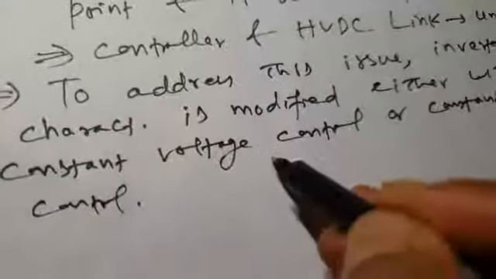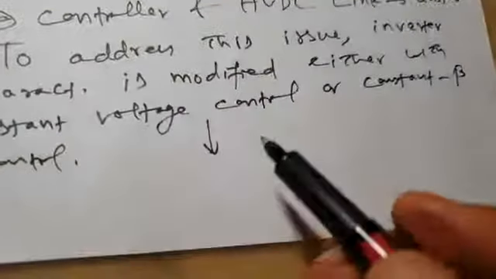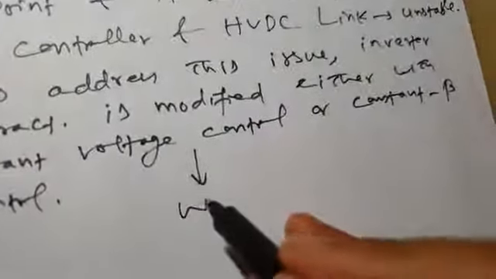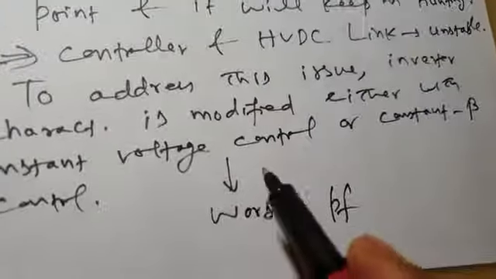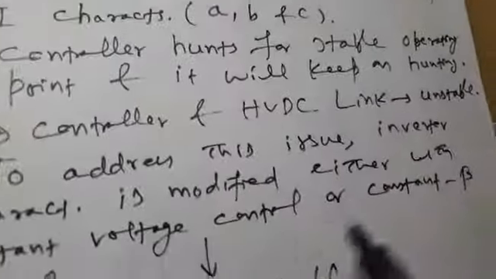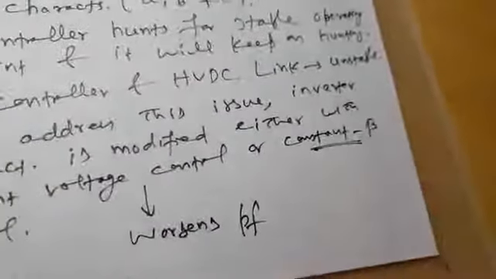Constant voltage control is generally not used because it worsens the power factor. It will solve this problem, but it will deteriorate the power factor. Therefore, we go for constant beta control.